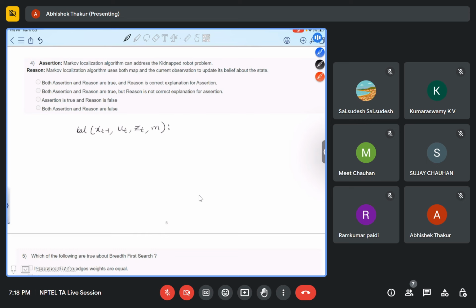Let's see the formula. So belief of xt bar, that is the estimated position, is given as probability of xt such that the current action ut, the last position xt minus 1, and the map. So here you can see it requires the map information.